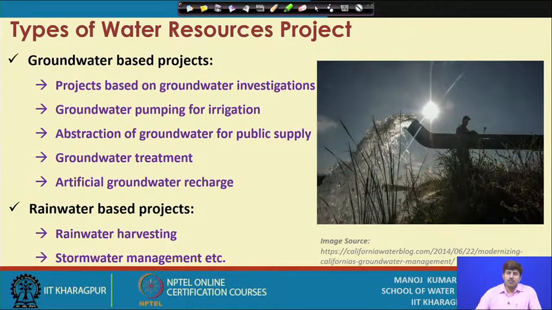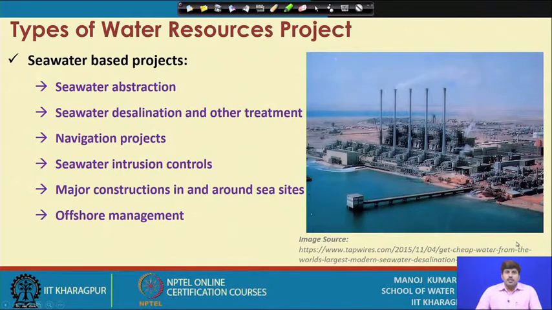Then there could be rainwater based projects which incorporate rainwater harvesting or stormwater management in urban setups. There could be seawater based projects, which include the abstraction of seawater, then its desalination and other treatment given to the seawater, navigation projects in the sea, and seawater intrusion control projects, which is again a sort of hybrid project where groundwater will also be involved.